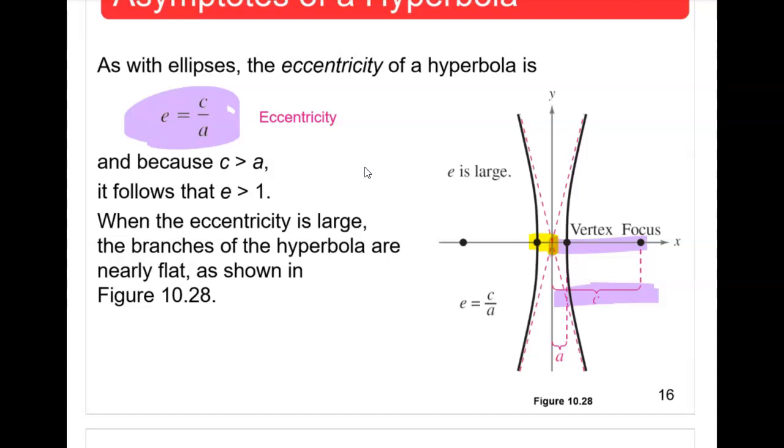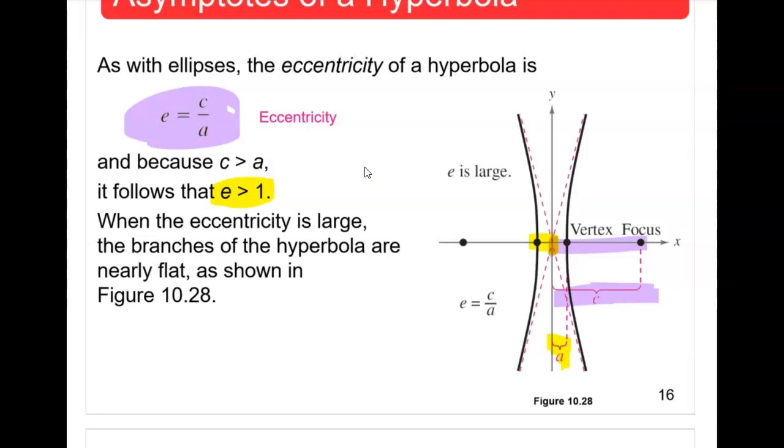That's why c is bigger than a, as you can see in these examples. If you divide a bigger number by a smaller number, you will get a result that is greater than 1, unless the two numbers are the same, which wouldn't be a hyperbola. So you get a number greater than 1, not a fraction less than 1.